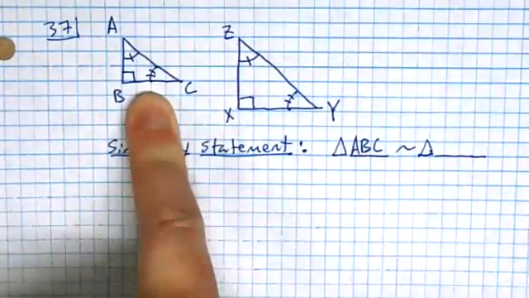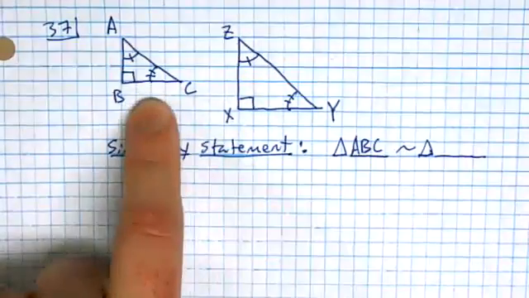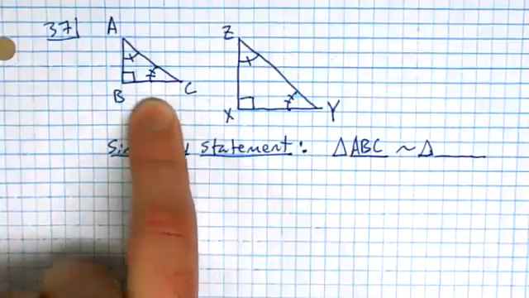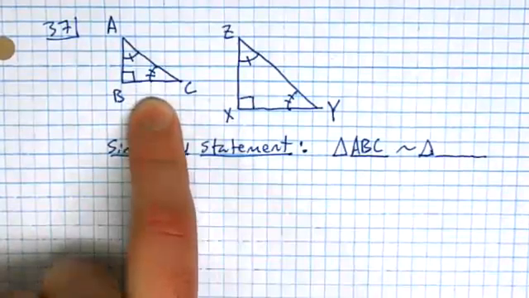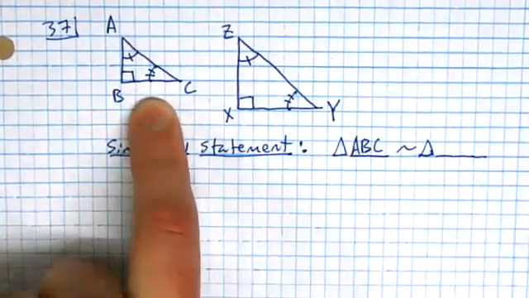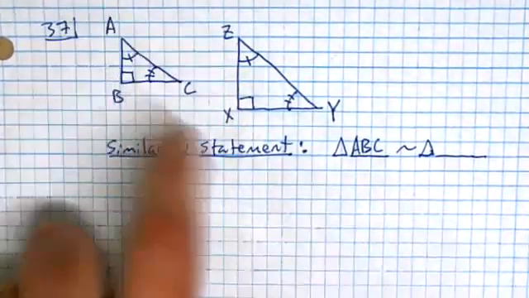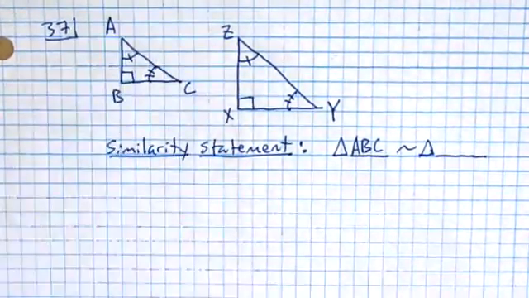Give me another option. If we didn't want to call it ABC, what's another name we could have used for it? CBA. Or what's another name? BCA or CAB or CBA. So there's lots of different options for it. It's got to have the 3 vertices in it. It's got to have those 3 letters in it, but it doesn't really matter what order we put them in.